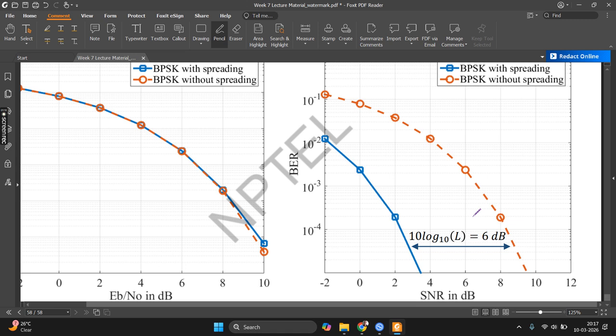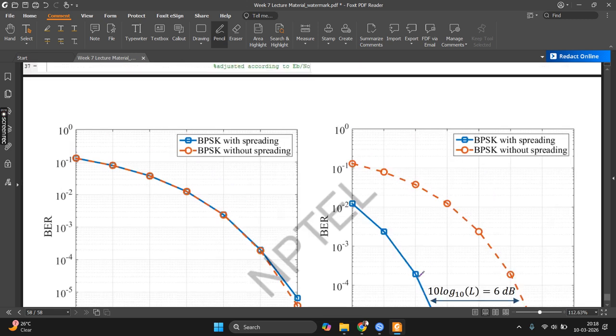Because the noise is getting spread, it does not have as much effect as compared to without spreading. So this proves that spread spectrum is more robust to noise.